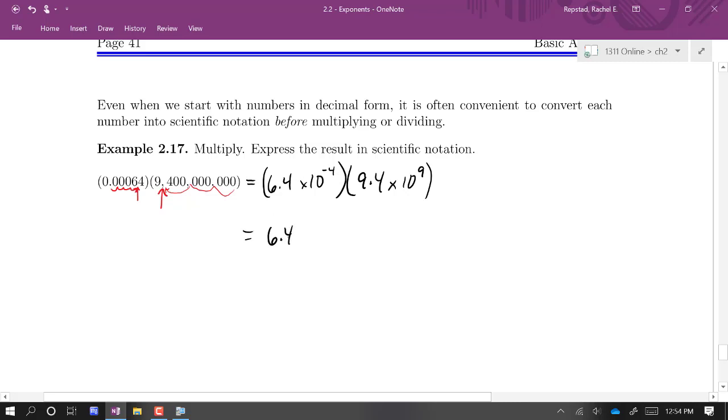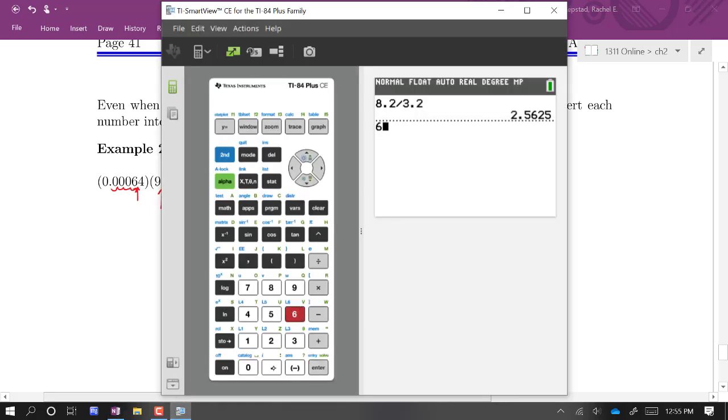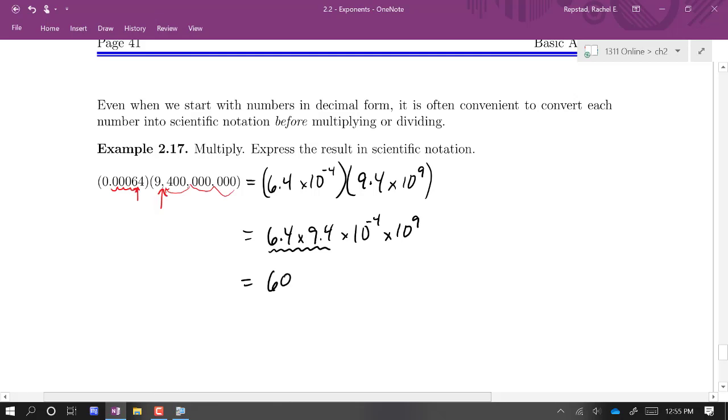So 6.4 times 9.4 times 10 to the negative 4 times 10 to the 9th. I'm going to do this product first. 6.4 times 9.4 is 60.16. And then using the rules of exponents, adding those exponents, negative 4 plus 9 is positive 5, so 10 to the positive 5th.